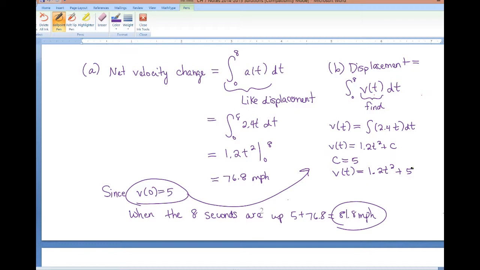Okay, it's a little complicated because we have the acceleration function, but we don't have the velocity function. We can find the velocity function based on the acceleration and our initial condition. We did this in the last chapter, when we had to find a particular solution.